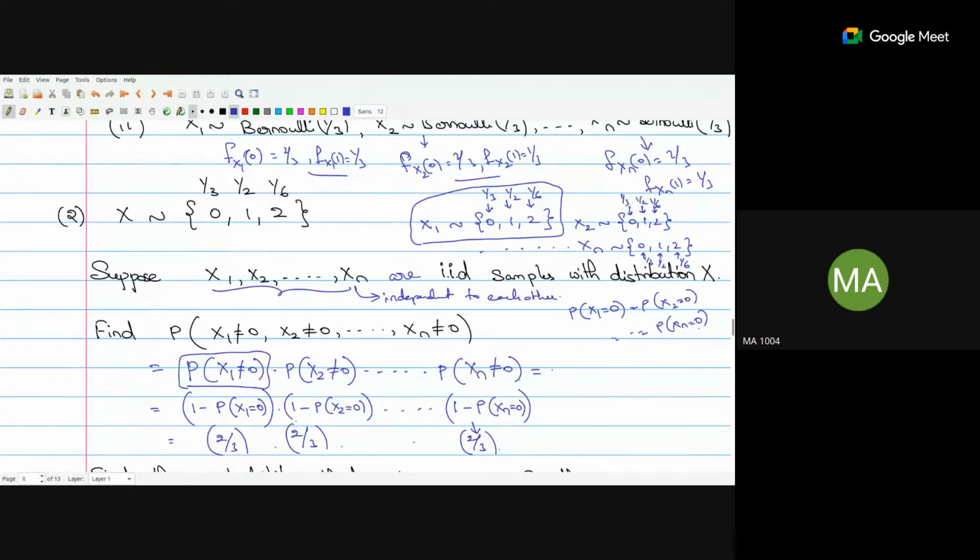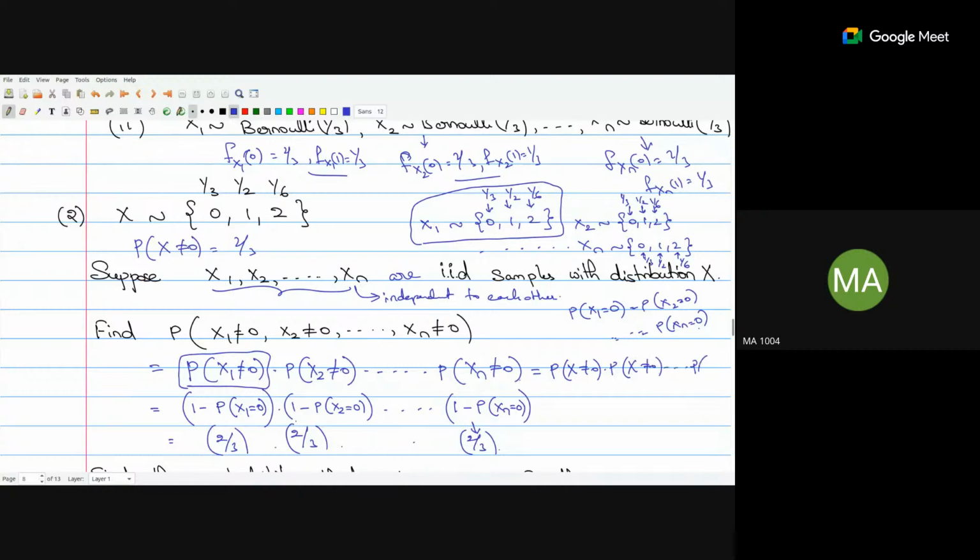So instead of X1, X2 up to Xn, I can simply write the probability that X not equals 0 multiplied n times. That is the liberty we get from IID.